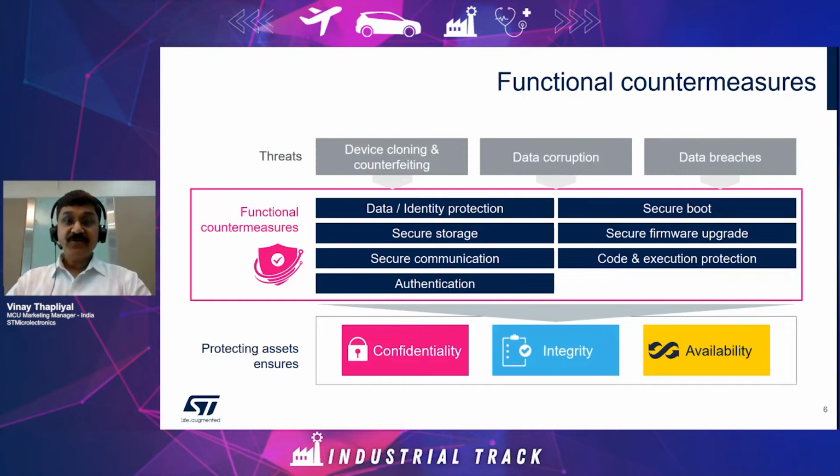Confidentiality. Information is only made available to authorized entities, and information is fully protected from unauthorized requests. Integrity. Data accuracy and completeness are maintained over the life cycle, and data cannot be modified in an unauthorized manner. And availability. Information is made available to authorized requesters only whenever needed.